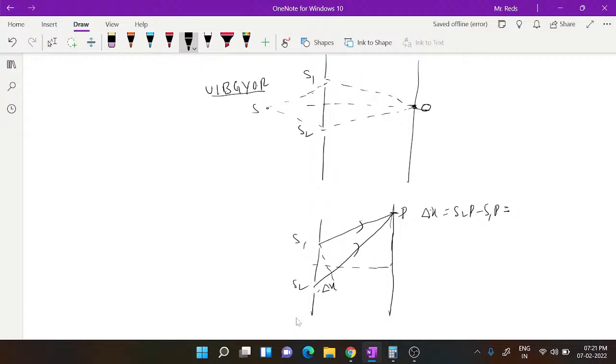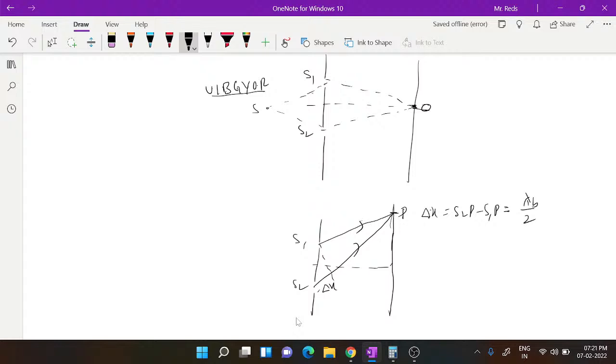So this delta X, which is nothing but S2P minus S1P, is equal to lambda by 2 if the path difference is lambda by 2 and the color is blue, where lambda b is the wavelength of blue color, approximately 4,000 angstrom units.